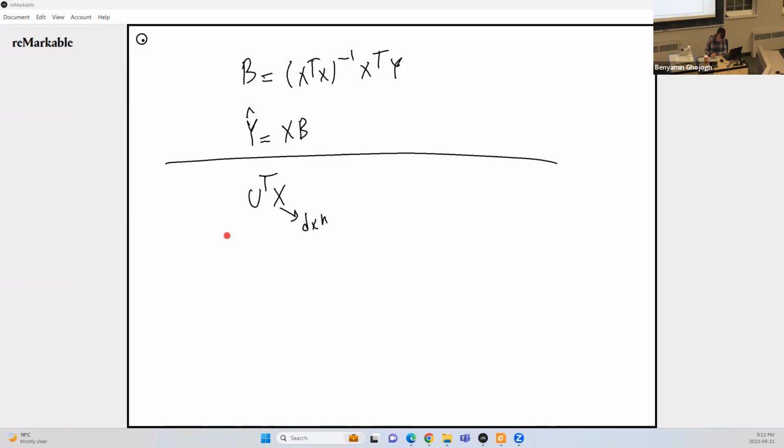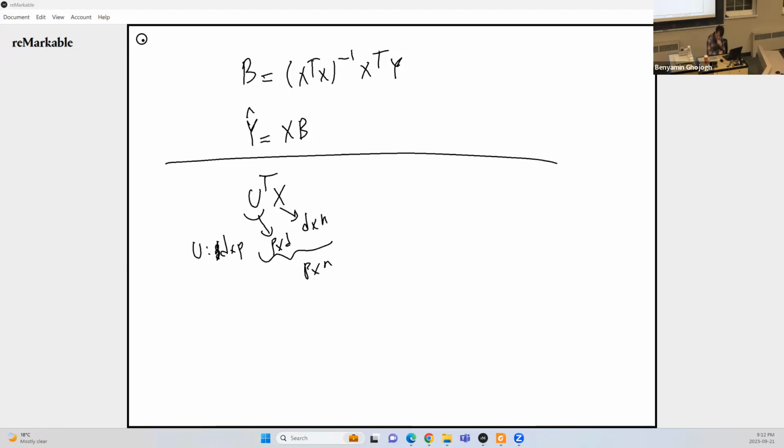This U was D by P, so U transpose was P by D. So the whole thing was P by N, and we said that it is projecting the columns of X onto a P-dimensional subspace.